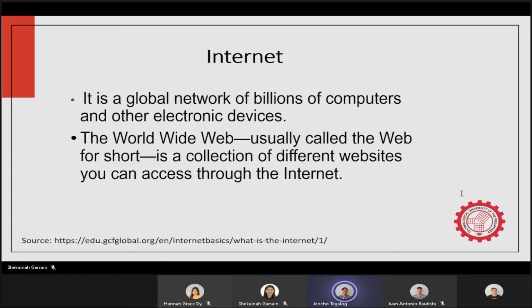Ito yung ginagamit para mas mabilis na ma-receive or send ng tao ang information from different places around the world since it is globally connected. So, ang internet naman is kinakailangan niya ng servers para ang buong network ng computers globally can be connected.